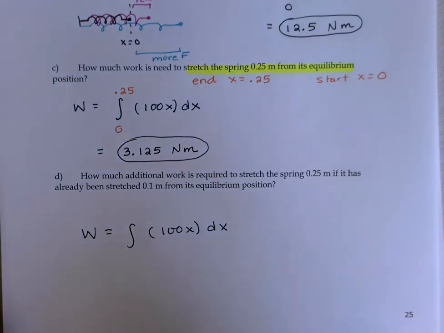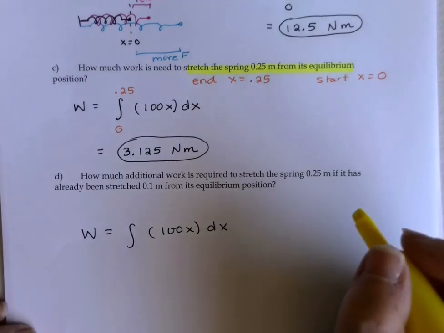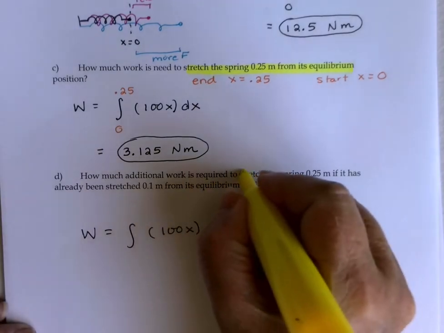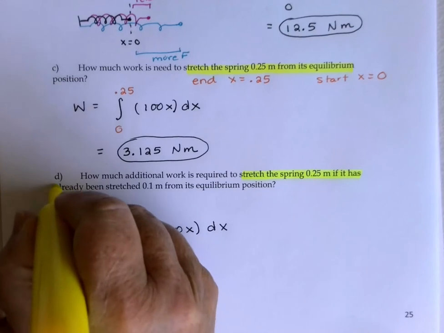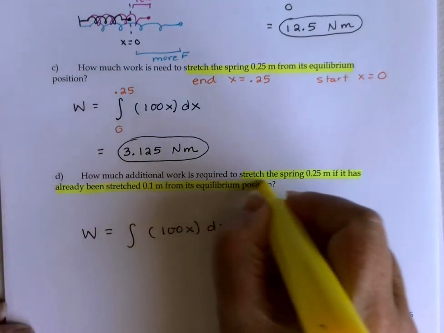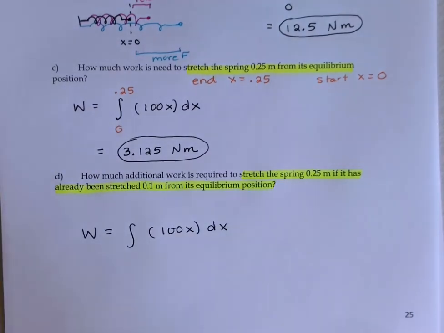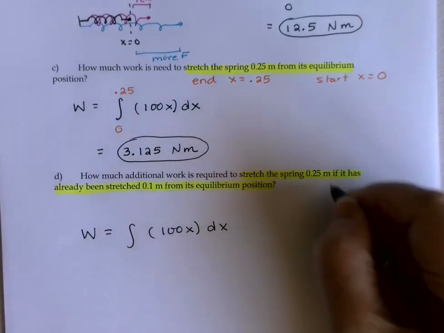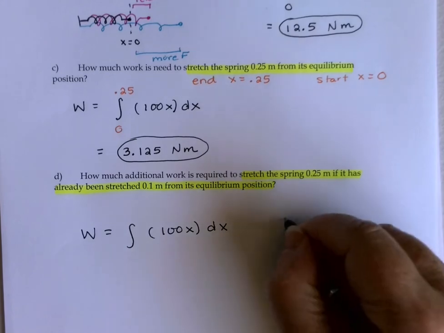This time, I'm trying to stretch the spring 0.25, given that it's already been stretched 0.1 from equilibrium. So what does that really mean for me? I'm going to draw myself a little diagram here.